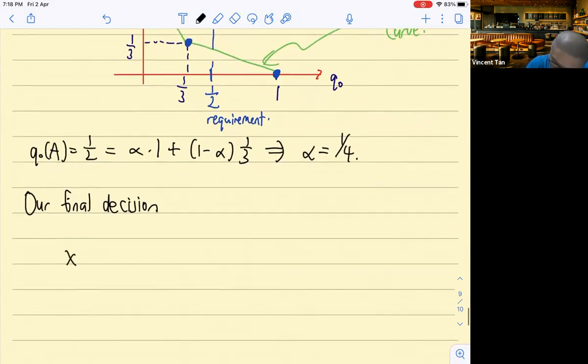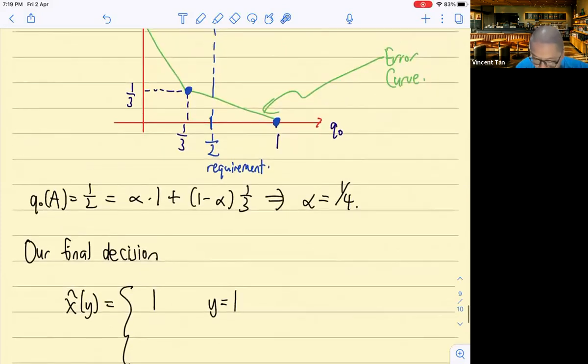It is x hat of y equals, now let me write this down in 3 cases. 1, if y is equal to 1. Note that under both rules, if y is equal to 1, I will definitely say 1. The ML rule says so. Here, I always declare 1. So in the ML case, if y is equal to 1, we say 1.